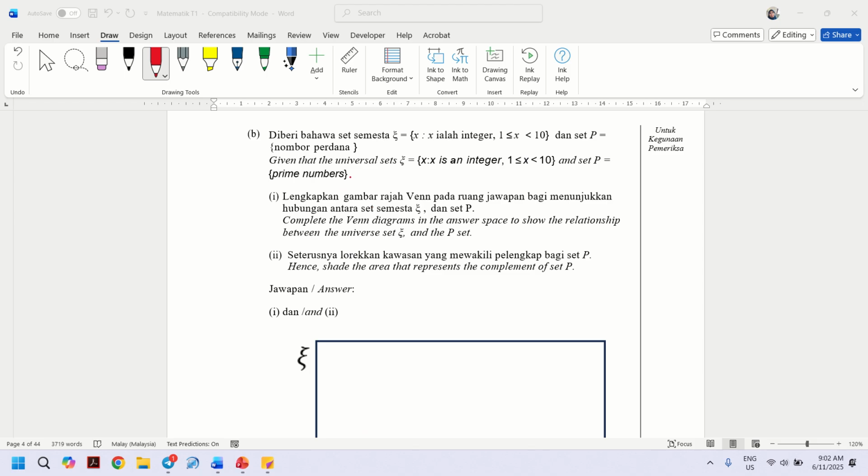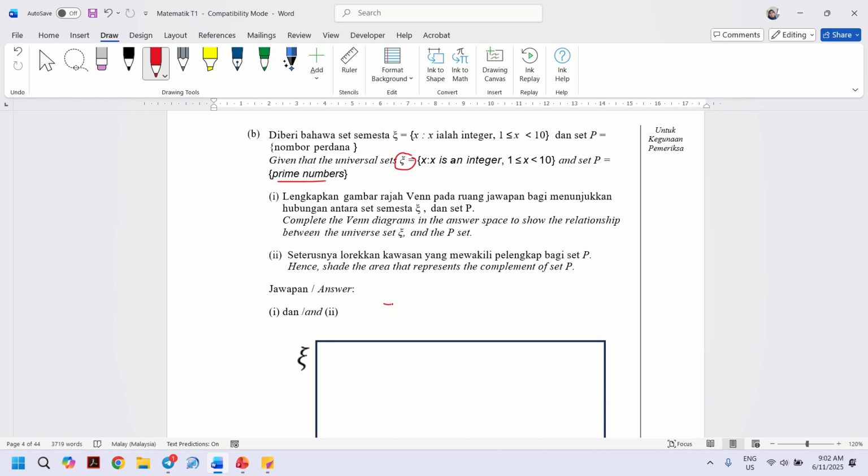Given that the universal set, x is an integer, 1 is less than or equal to x, x is less than 10, you have to know this is the universal set, and set P is the prime numbers. Before we draw a Venn diagram, you have to know all the elements in the universal set.